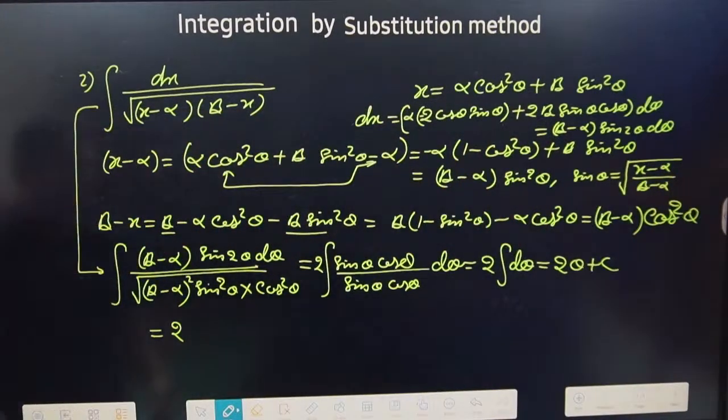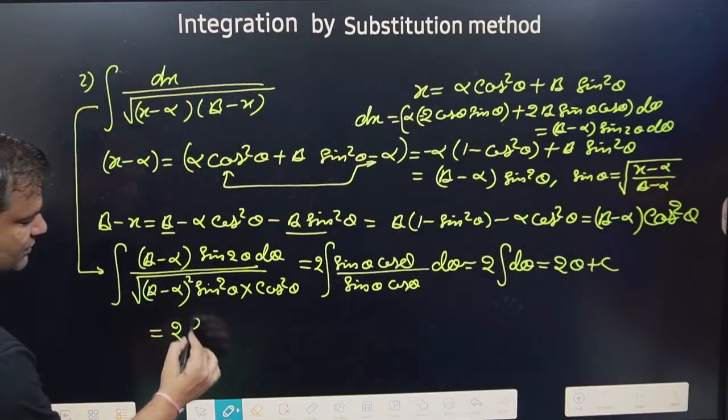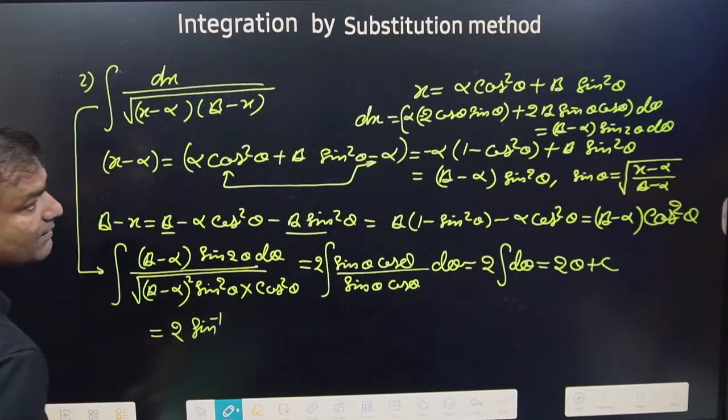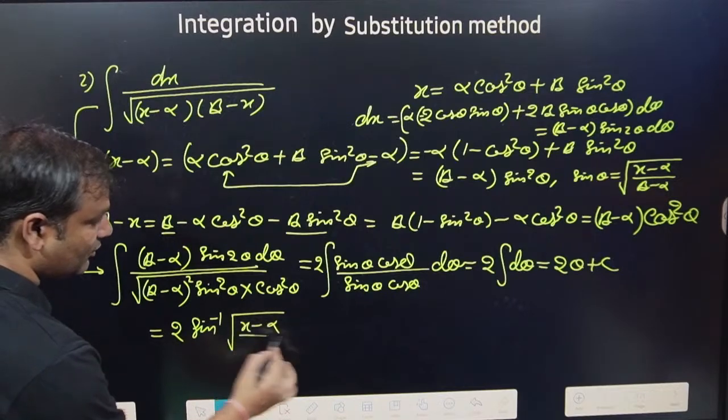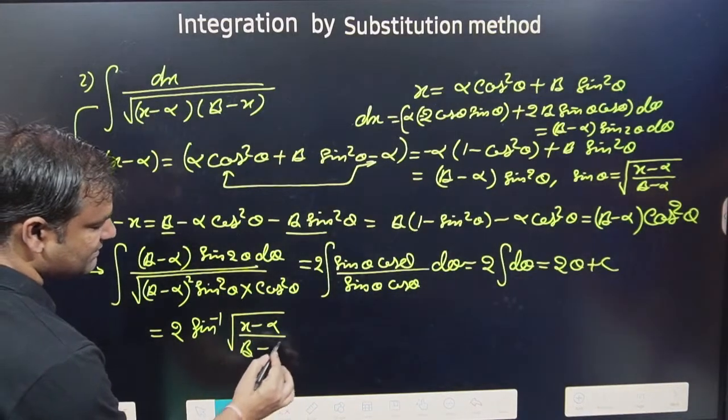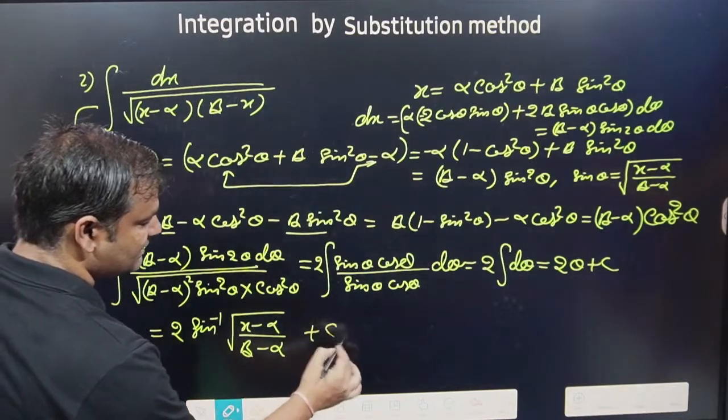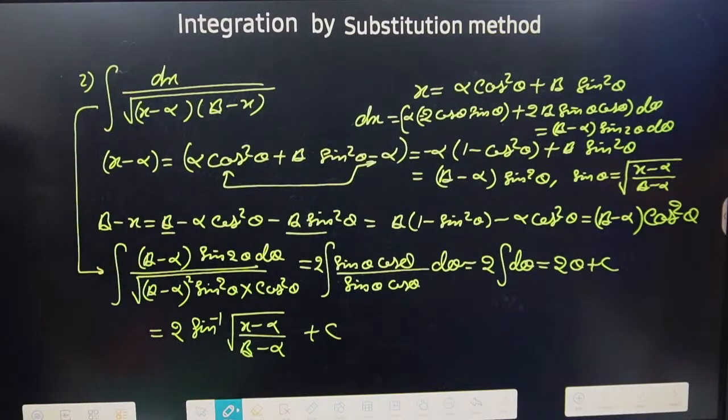So theta is sin inverse under root of x minus alpha upon beta minus alpha, and 2 theta is 2 into sin inverse of that plus c. That is the right answer.